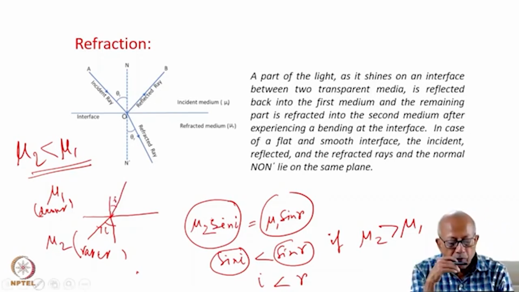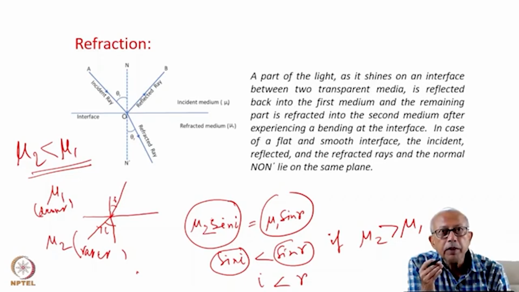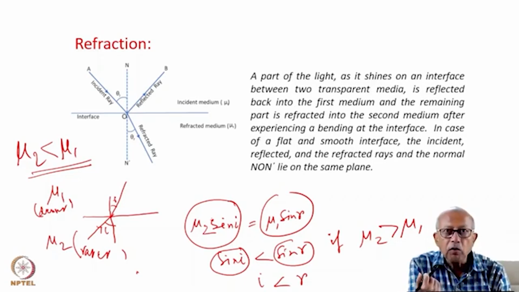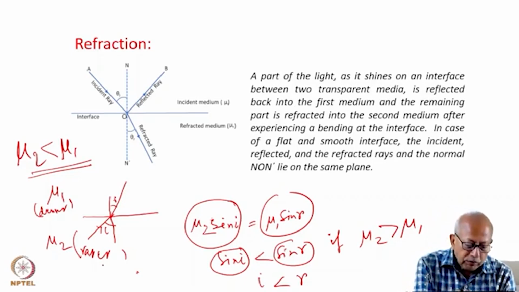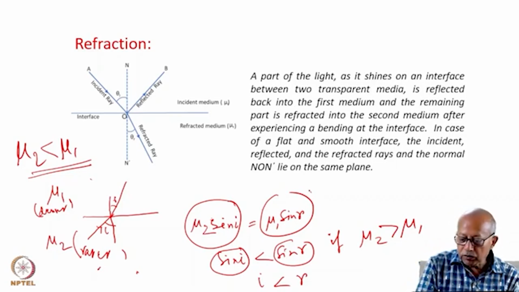So when light travels from denser to rarer medium, it bends away from the normal, and when it travels from rarer to denser medium, it bends towards the normal. This we can infer from Snell's law.